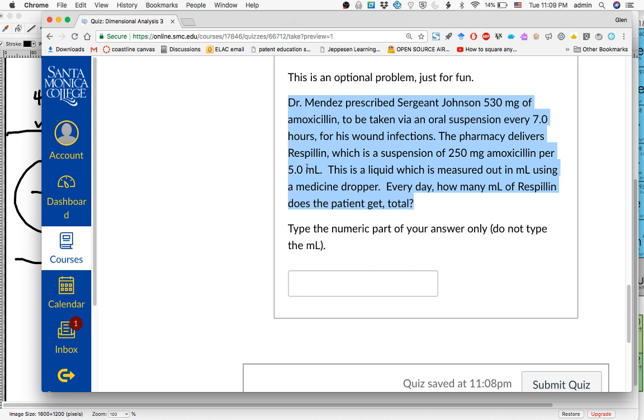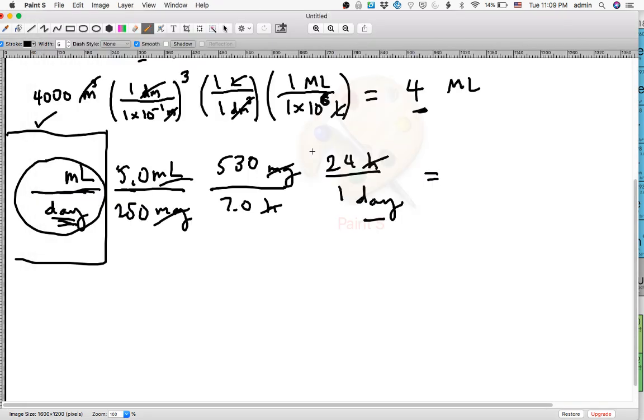I don't have to know what these drugs are, or amoxicillin. Later in your career, if you're a doctor or a pharmacist or a nurse, yeah, you have to know those things. But to get into nursing school or to pass Chem 10 or Chem 65, none of that is relevant. We're just using the numbers here and the units for the numbers, the labels here.